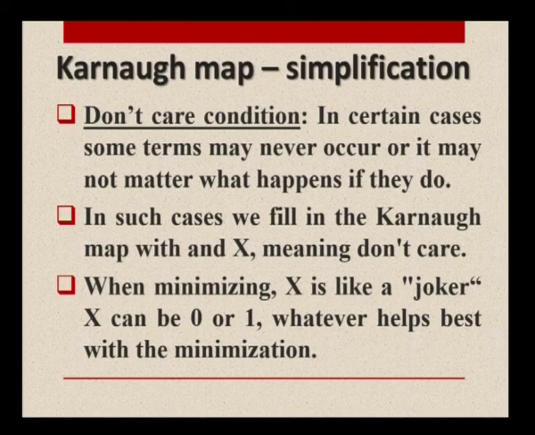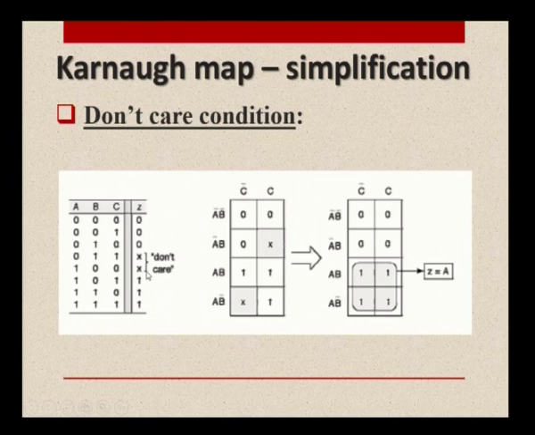When minimizing, x is like a joker in a card game. It could be considered either as a 0 or as a 1, whatever helps the best in minimization. See, the don't cares in expressions appear like this, and they could be considered as zeros or ones as we like. So, the don't care and all that comes in the K-map.